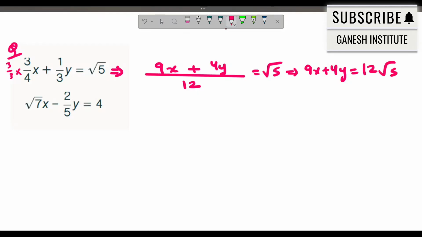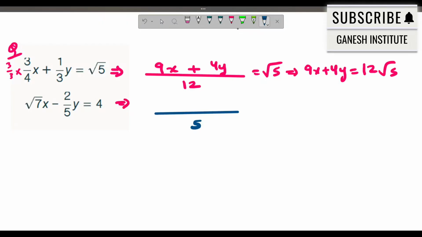Yes. And then the same thing from the bottom. So 7 root x. Okay, so we keep the 7 root x. Firstly, the LCM has to be 5. So then we would multiply it by 5.